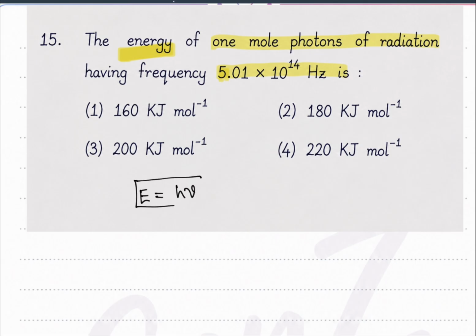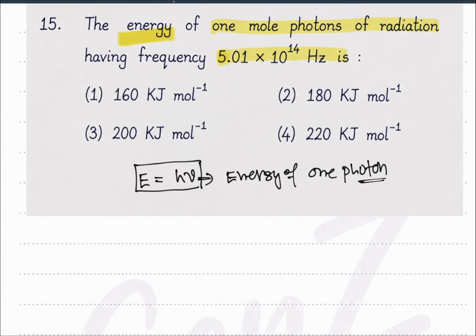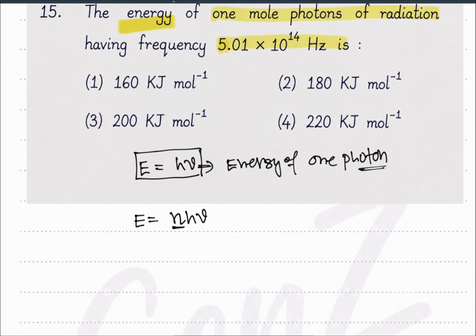This is for the energy of one photon. And the question is asking about 1 mole of photons. That means energy equals n h nu. Here n equals 1 mole, and 1 mole means Avogadro's number.